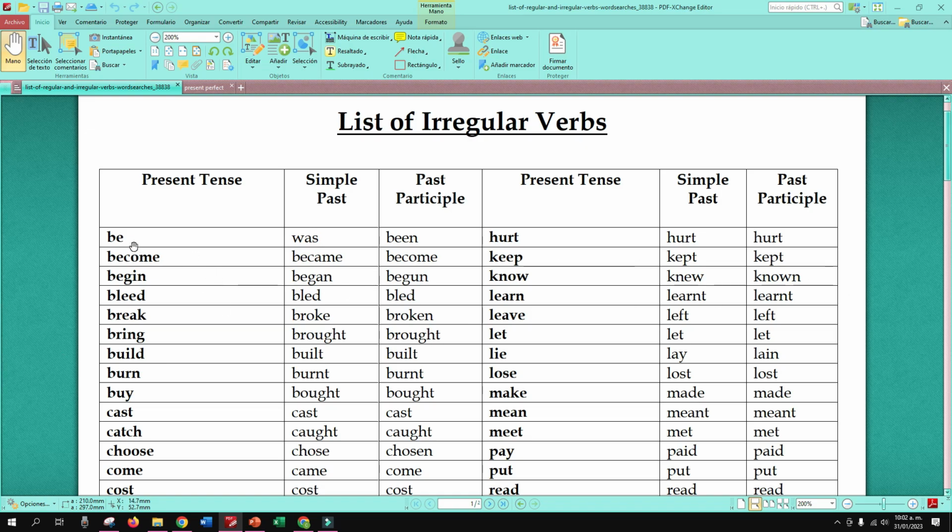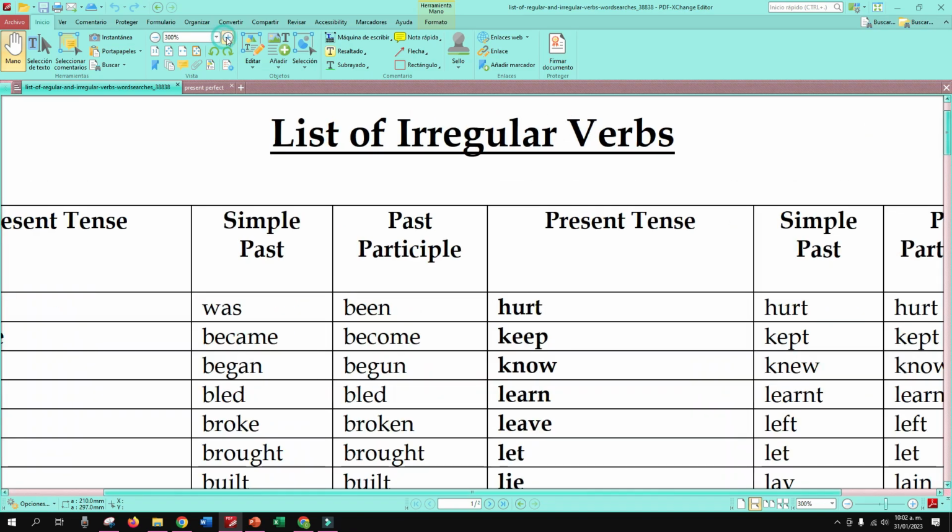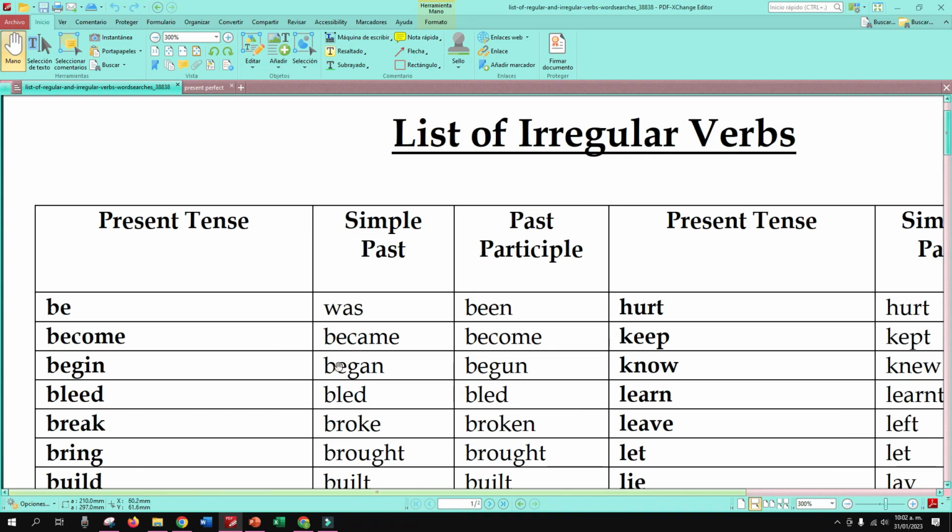So first of all, you have be. For example, be. You know that in the past that will be was or were, right?